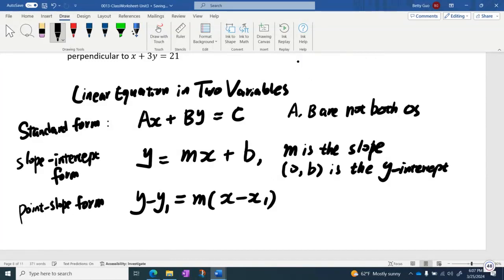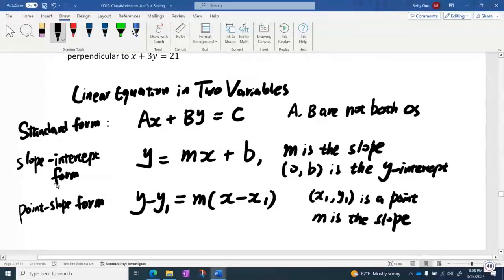In this equation, x and y are the two variables. x1, y1 are constants, and they are the coordinates of a given point on the line, and m is the slope. We don't use point-slope form much. We use slope-intercept form most of the time.